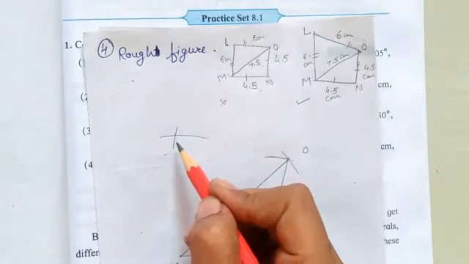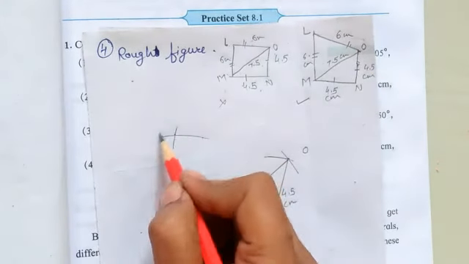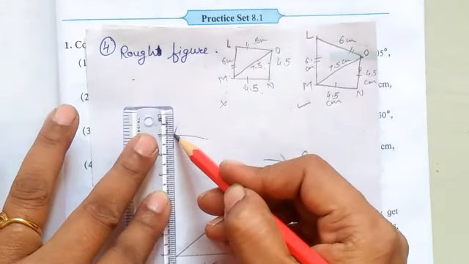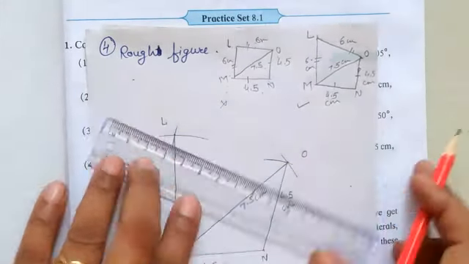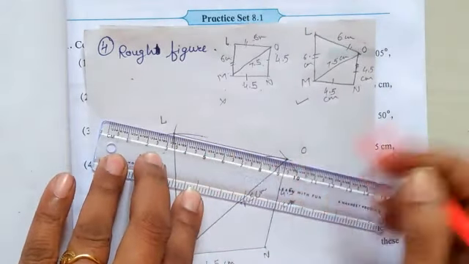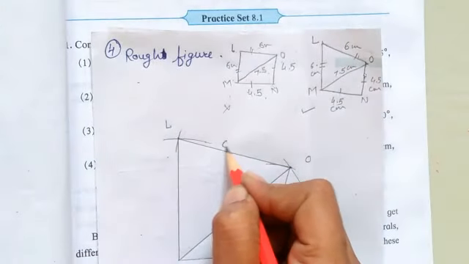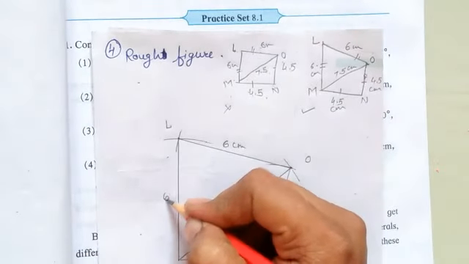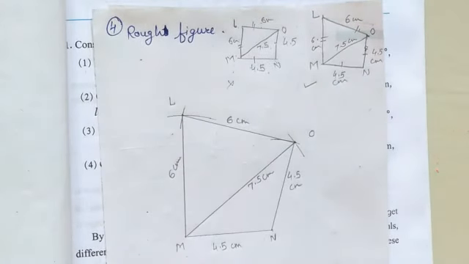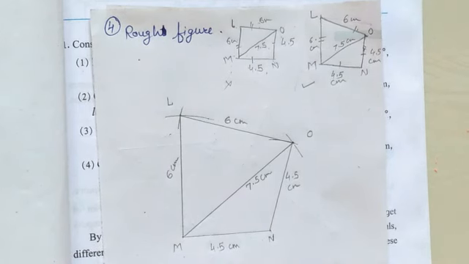Now this point of intersection is the point L. So join the point L and M, L and O, which is of 6 centimeter. So like that way you can draw question number 4, where we can see the quadrilateral LMNO. If you want, you can take out the screenshot.